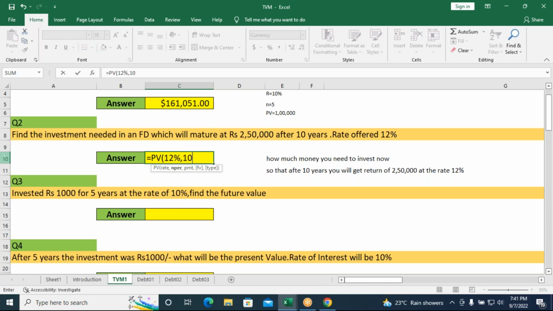Now future value. In the future, what is the amount that I'm going to get? 2,50,000. So that amount I'm going to receive.